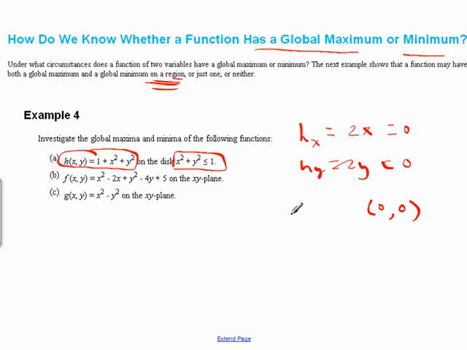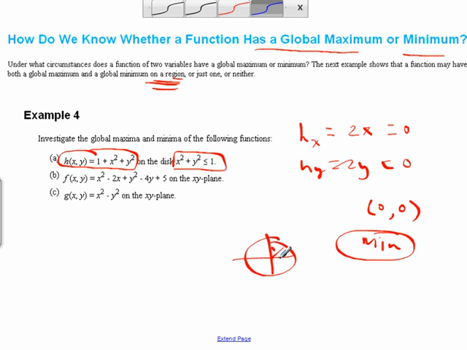So with just a little bit of intuition, we know that this is going to be a minimum, because as x and y get bigger and bigger, up until the point when x squared plus y squared must be less than or equal to 1. So we're talking about this region here. So our smallest value is going to occur right here, and our maximum value is going to occur on the edge.